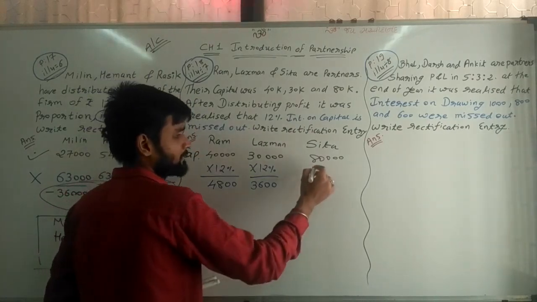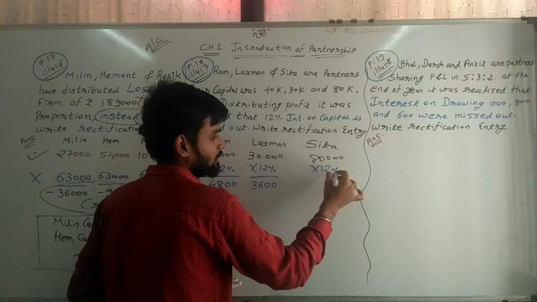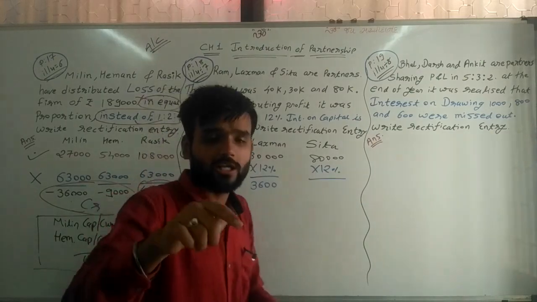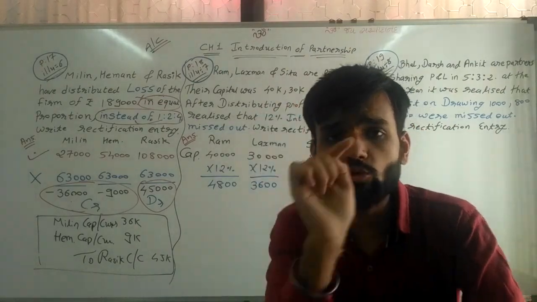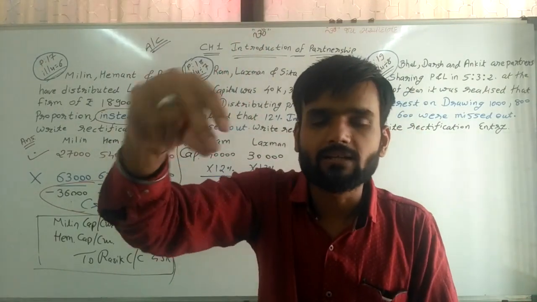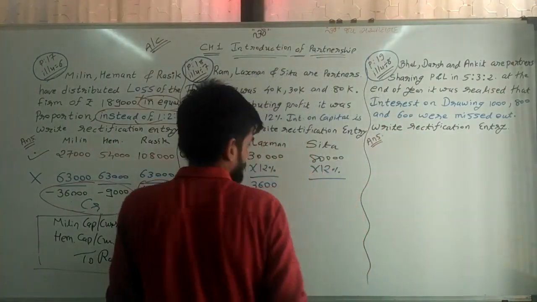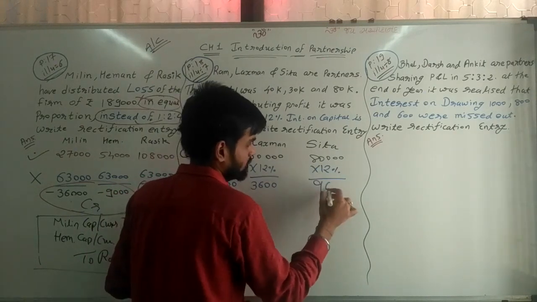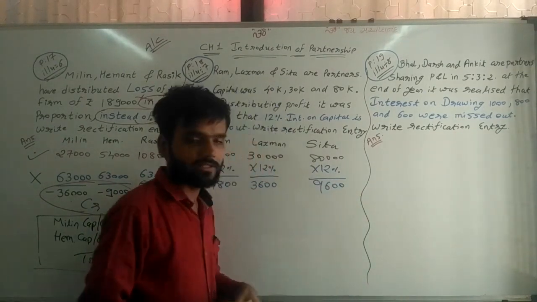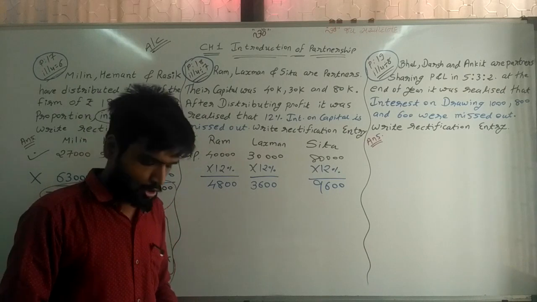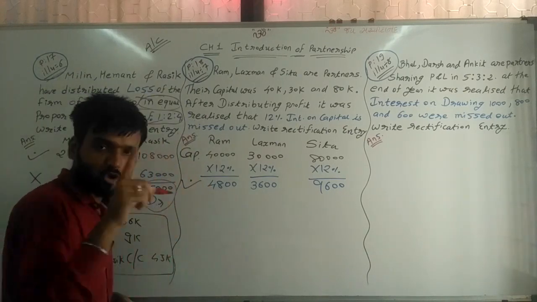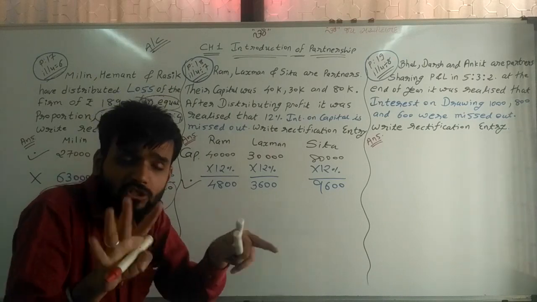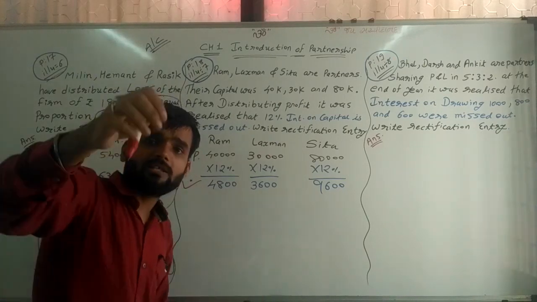And same way, 80,000 into 12%, then you will get 9,600 rupees.